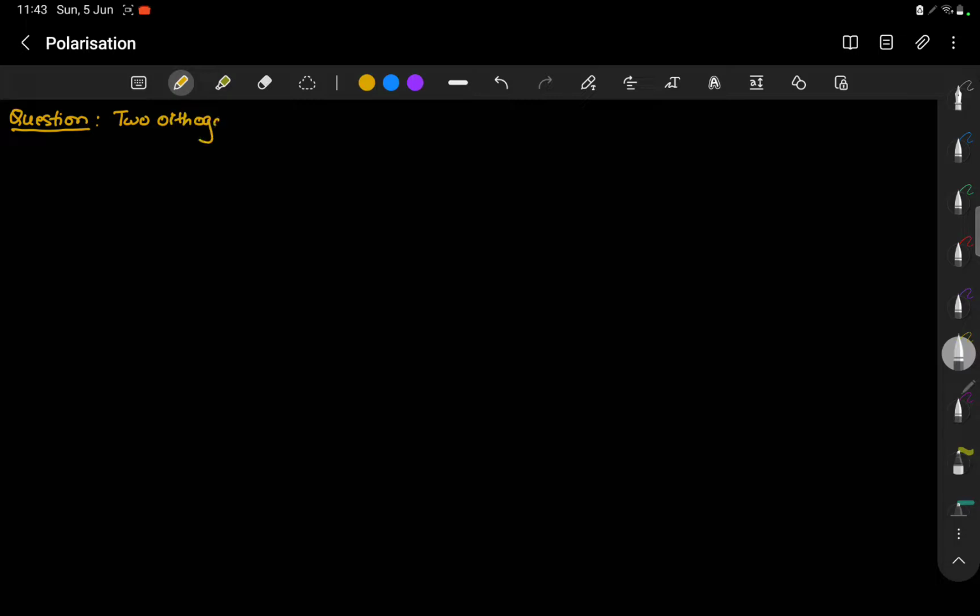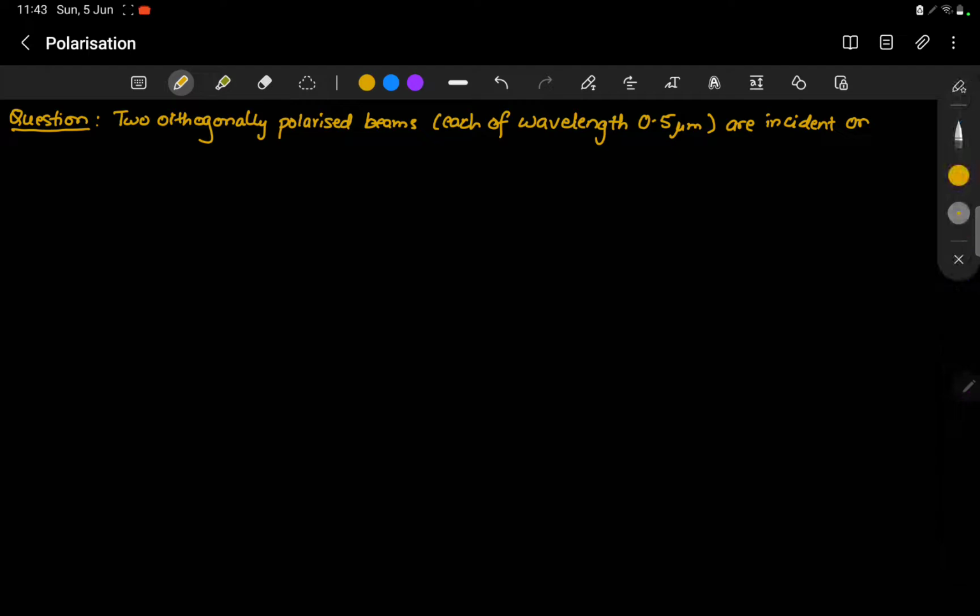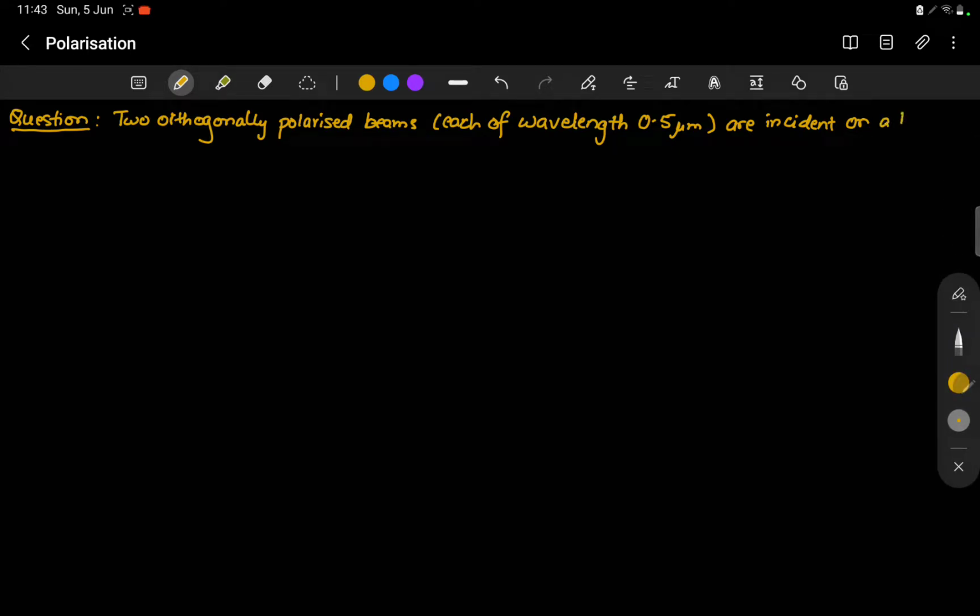So the question says, two orthogonally polarized beams, each having wavelength of 0.5 micrometer, are incident on a two prism assembly.